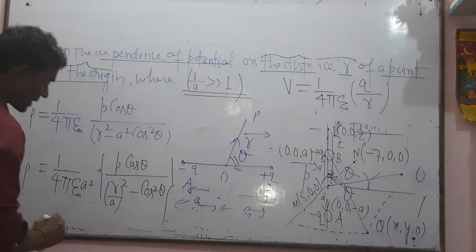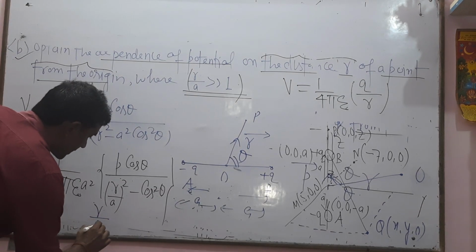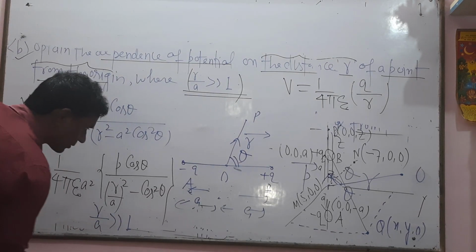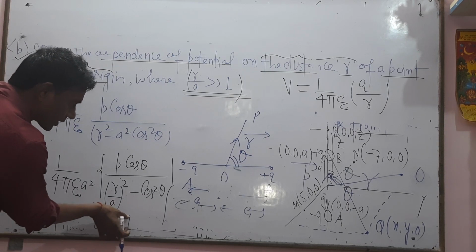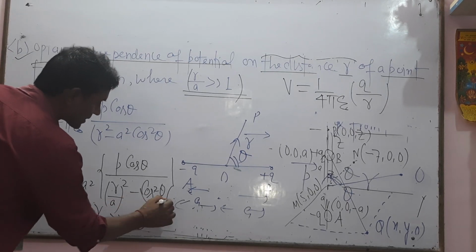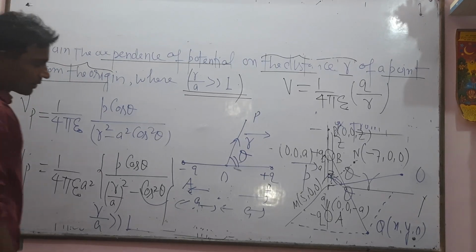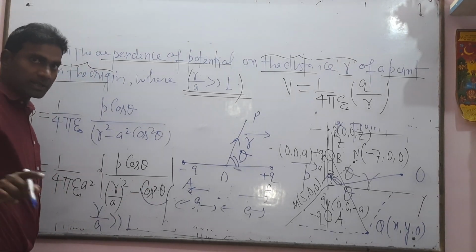So here r by a is greater than 1, so r square by a square is also greater than 1. Also cos theta lies between minus 1 and 1, so cos square theta is less than 1.